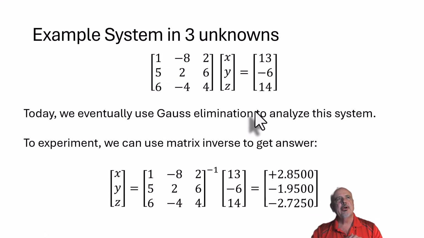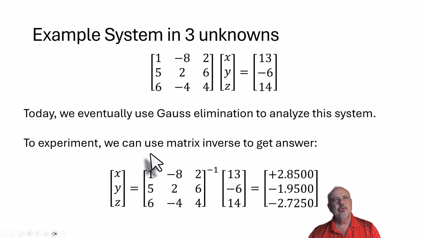Okay, so here's our example system in three unknowns. We're going to look at three equations. They are linear in the unknowns x, y, and z. And we're going to look at some different ways. First thing we could do is think about a matrix inverse. A matrix inverse would be when I multiply both sides of this equation by the matrix inverse.